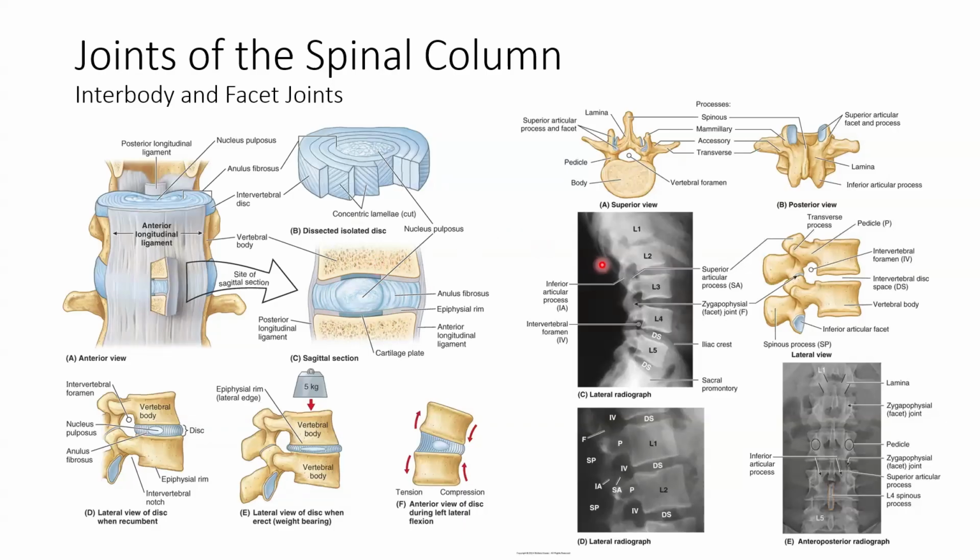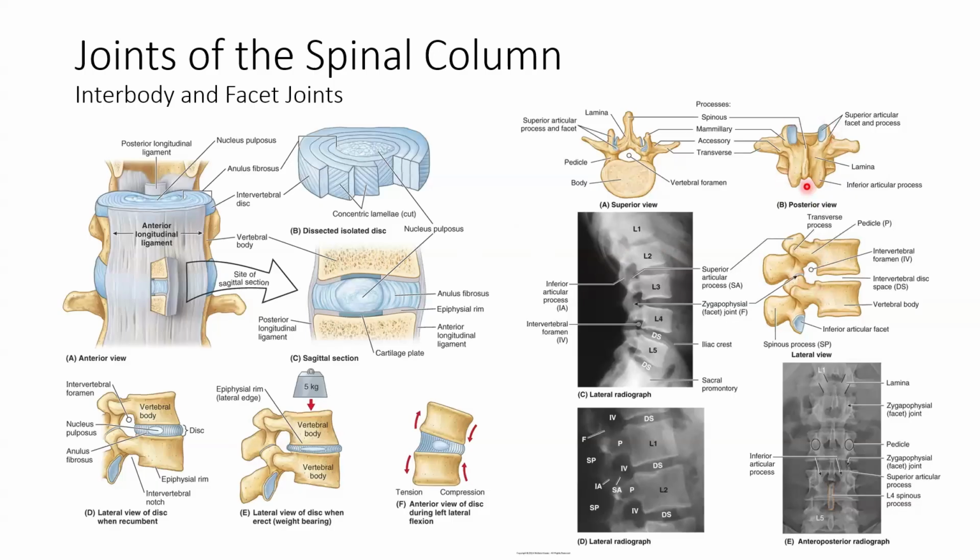The next joint is the zygapophyseal joint. The zygapophyseal joint, facet joint, Z joint, is the articulation between the inferior articular process, the facet of that inferior articular process, with the facet of the superior articular process of the vertebrae below it.